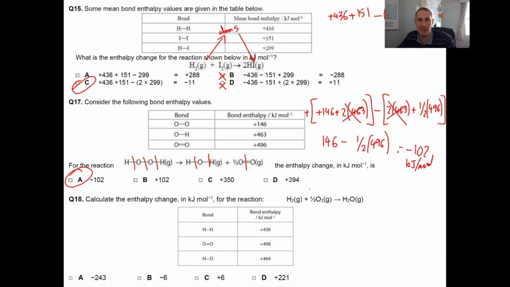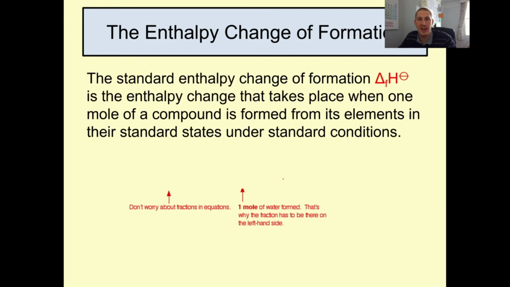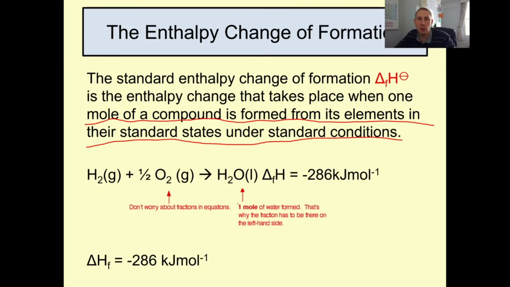the bond dissociation energies. The enthalpy change of formation is the enthalpy change that takes place when 1 mole of a compound is formed from elements in their standard states under standard conditions. Okay, so if we're talking about forming water, liquid water, we would talk about forming that from a hydrogen gas molecule element standard state.